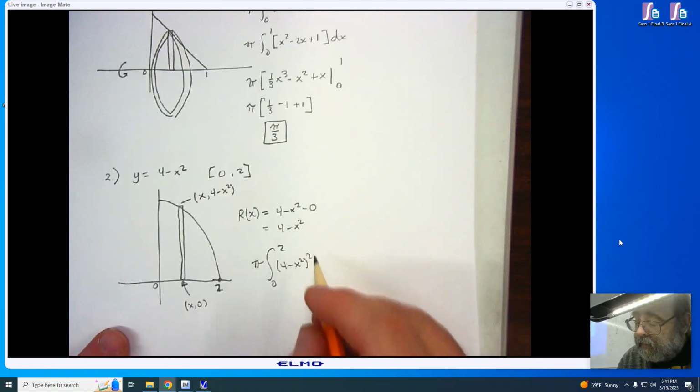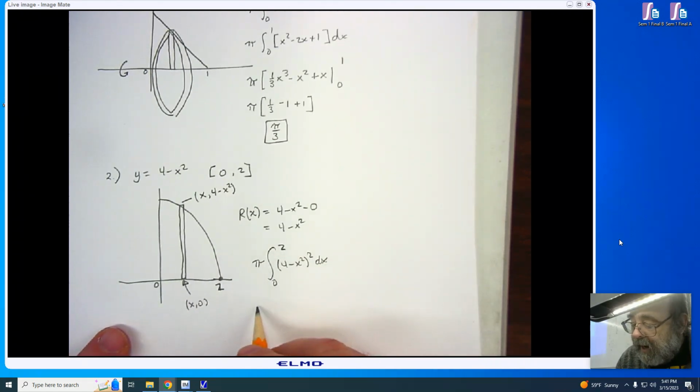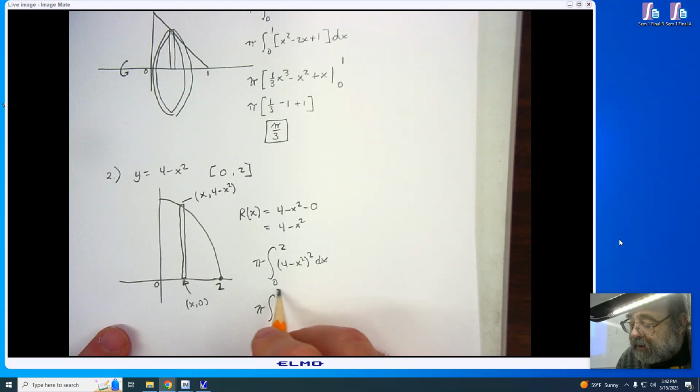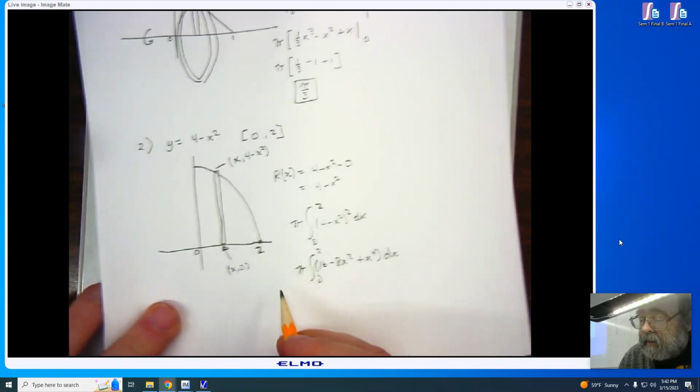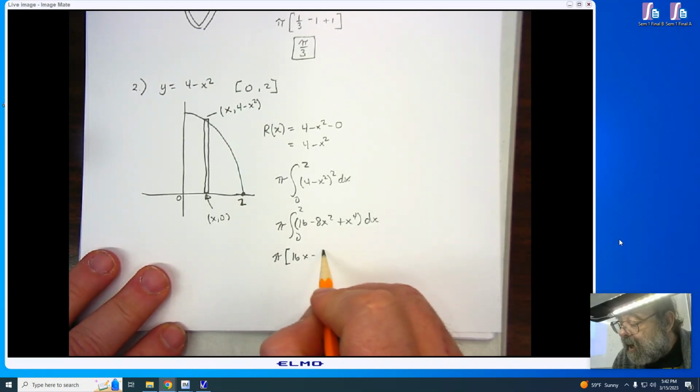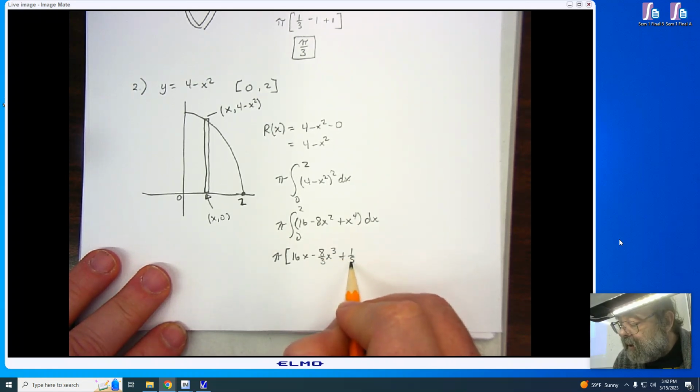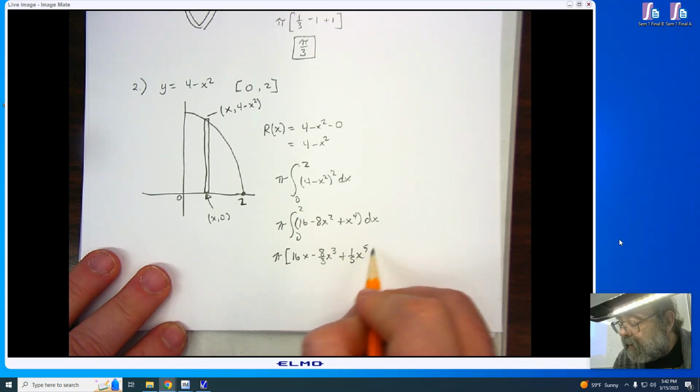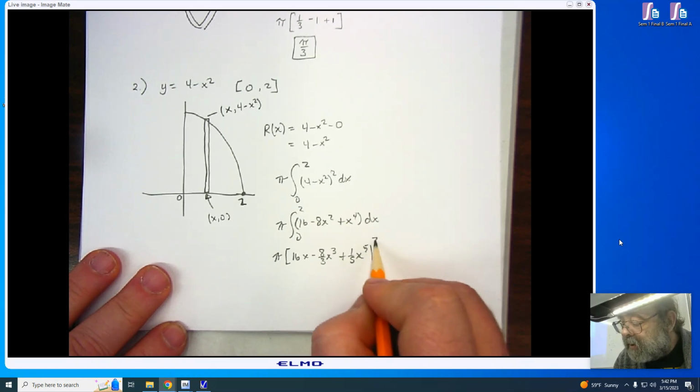We're now going to FOIL. So I have pi integration 0 to 2 of 16 minus 8x squared plus x to the 4th dx. This is giving me pi multiplied by 16x minus 8/3 x cubed plus 1/5 x to the 5th from 0 to 2.